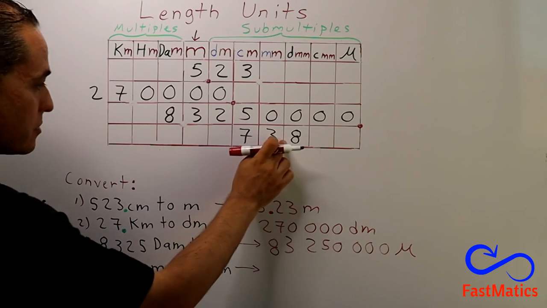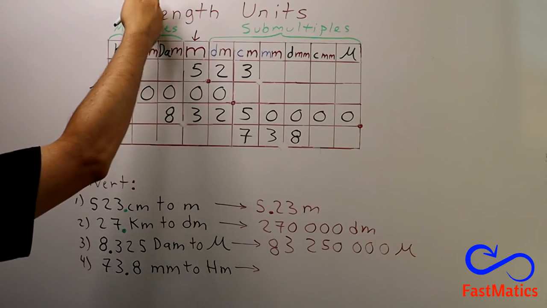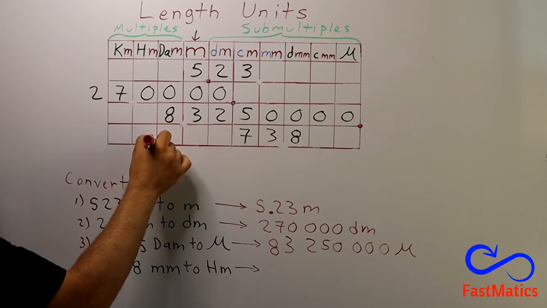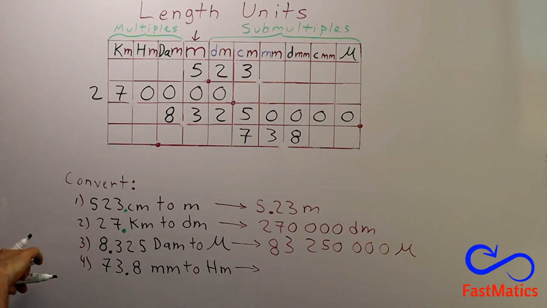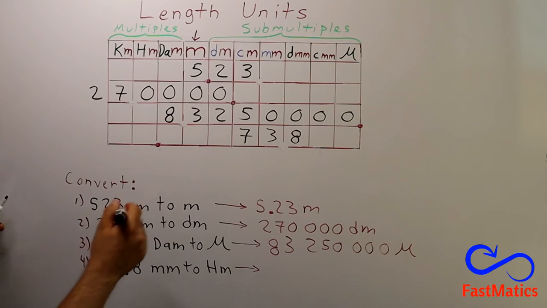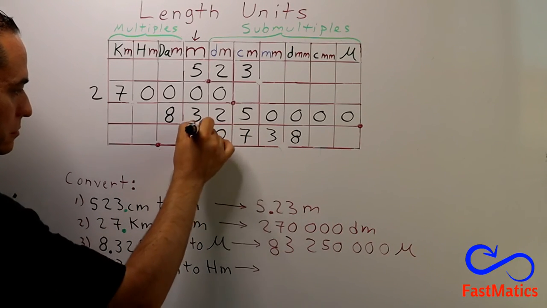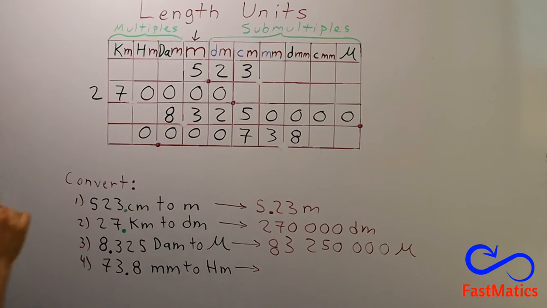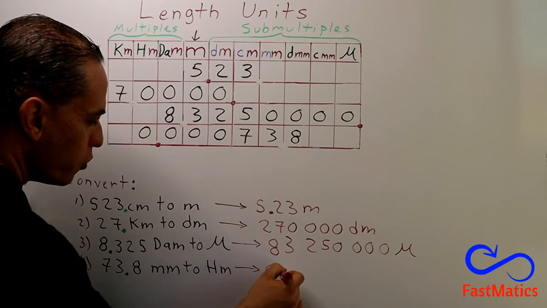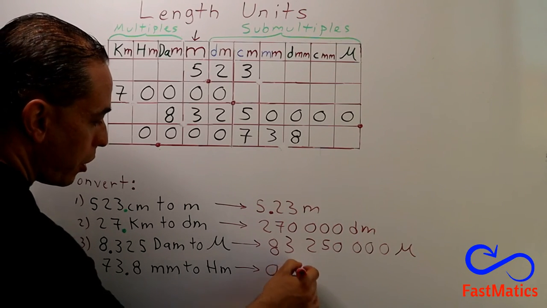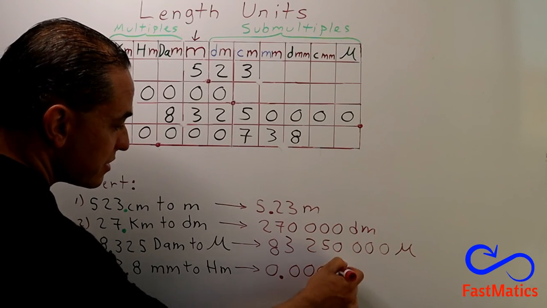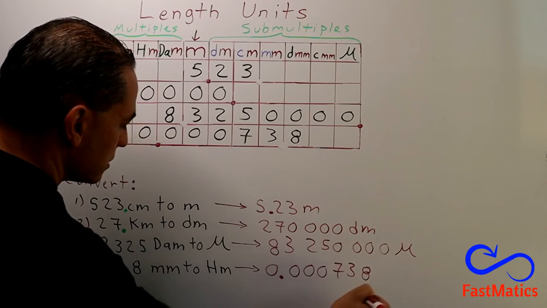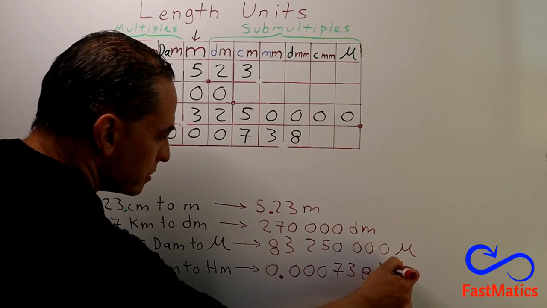So you erase the decimal point from here and you pass it to the end of hectometers. And you fill it with zeros. So the answer is 0.000738 hectometers.